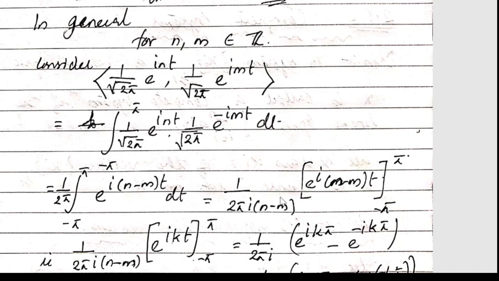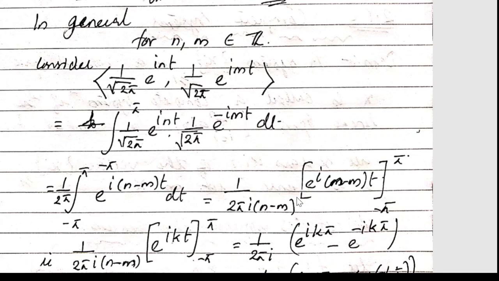This constant term I have taken outside, because when you integrate this part, you will get e raised to i of n minus m into t, divided by n minus m into i. So that I have combined with this i. So i into n minus m, e raised to i into n minus m into t between minus pi to pi.